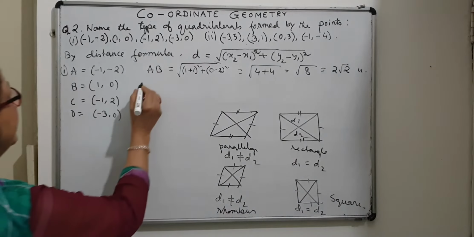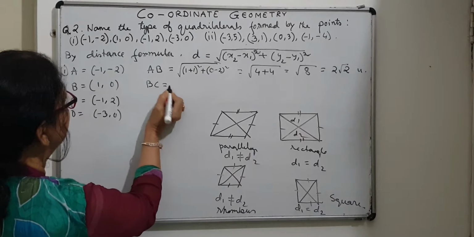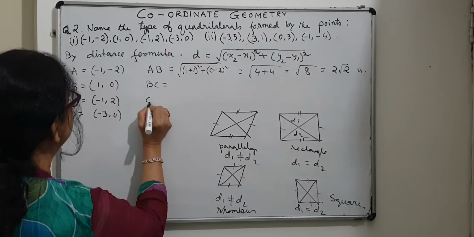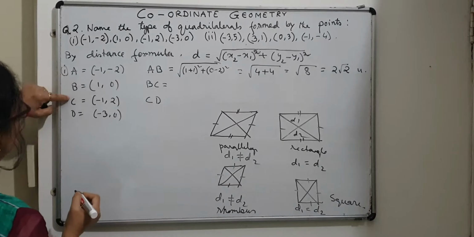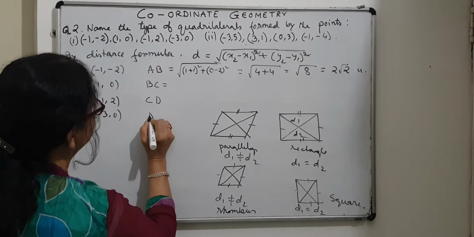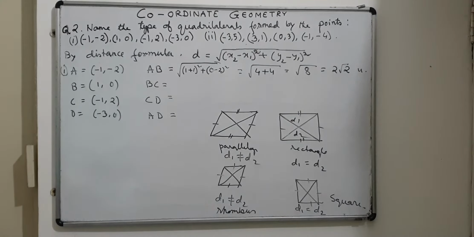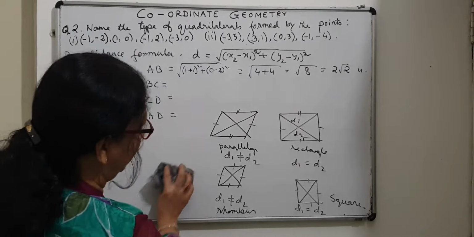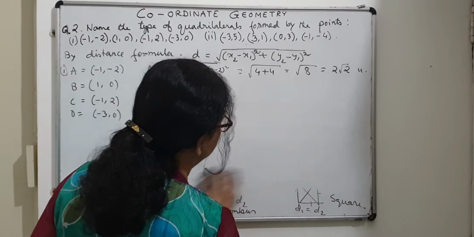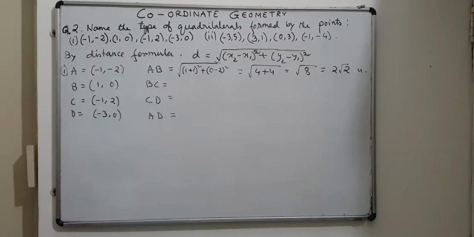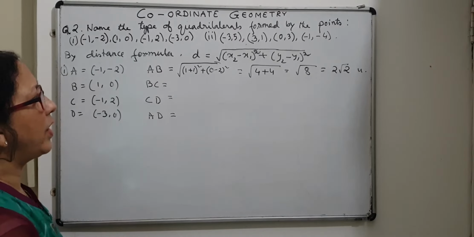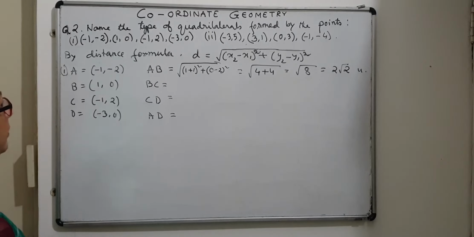Okay, so next we find BC. Similarly, we find CD, BC, AB, BC, CD, then DA or AD. All these we have to find using the distance formula. Now this I have to erase. These are all about sides, but I also have to find the diagonals.